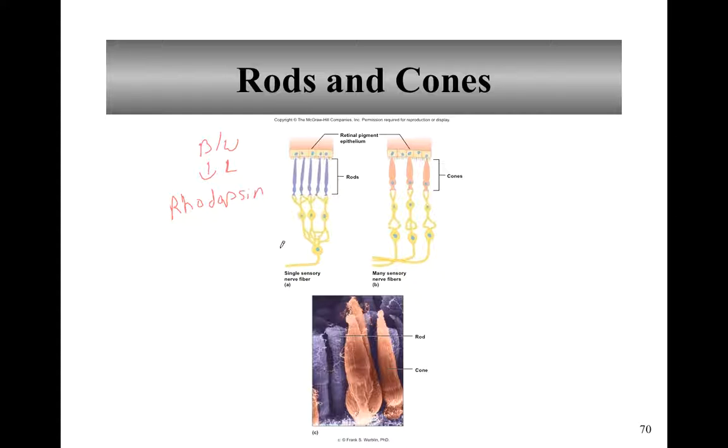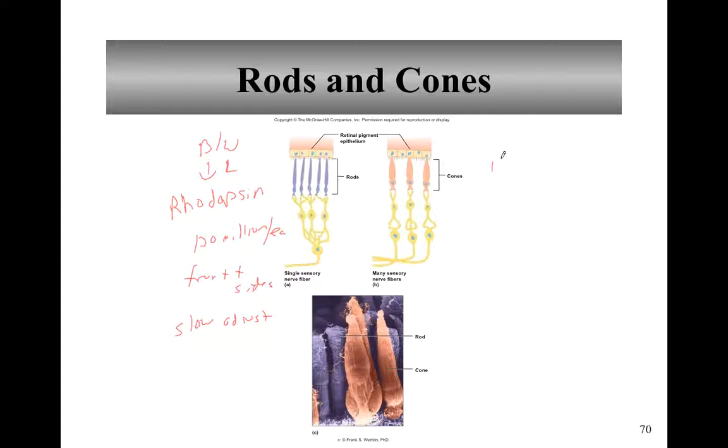And you've got about 120 million in each eye. Rods are more towards the front and sides, and that's because when you have a limited amount of light, you can get all that light in there. And the rods are slow to adjust.